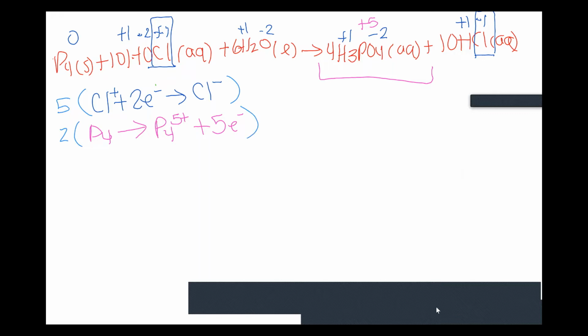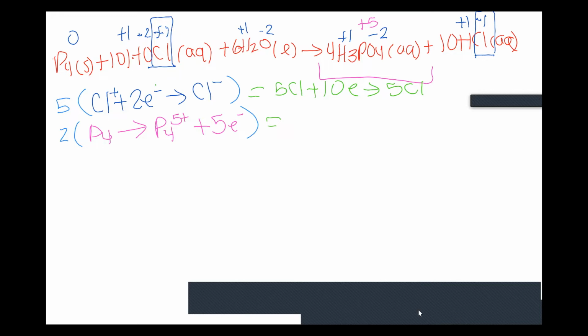So this becomes 5Cl plus 10 electrons yields 5Cl, right? And then on this side, we have 2P4 yields P4. Wait, I just realized we have to do it to the whole thing, right?